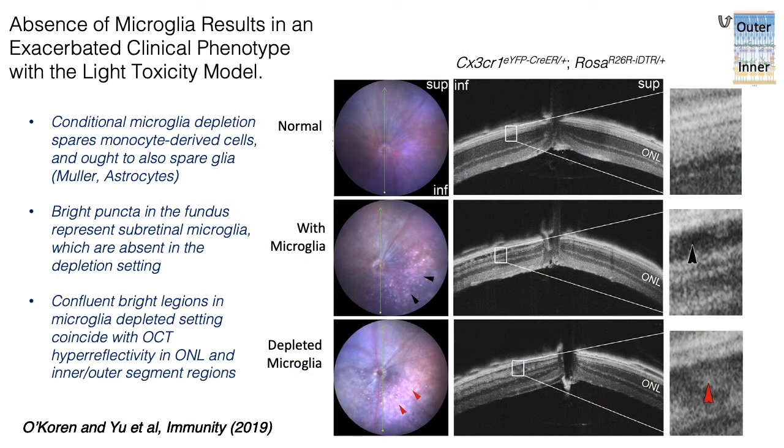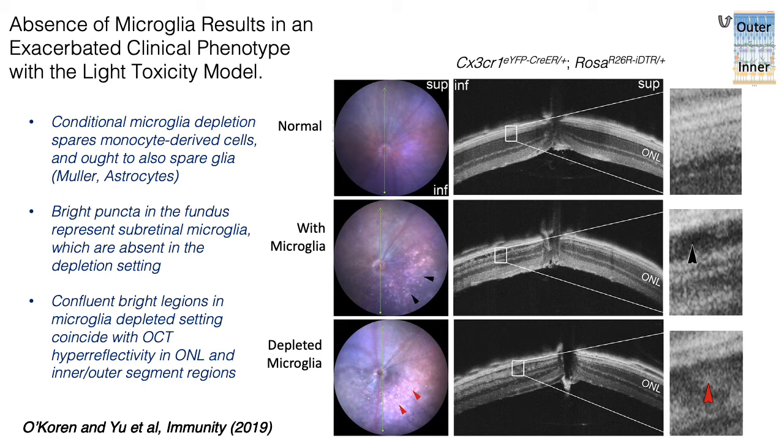To address this question, we conditionally ablated microglia in the context of light degeneration. In so doing, we can see clearly distinct phenotypes. Looking at the middle panel, in the presence of microglia, one can see in the fundus bright, distinct puncta suggestive of subretinal microglia, and the OCT image shows a degenerated retina.